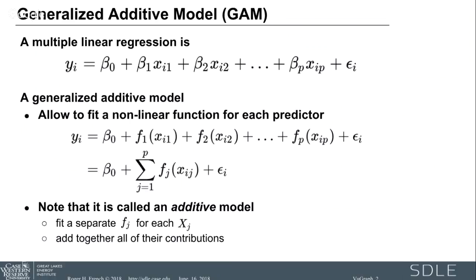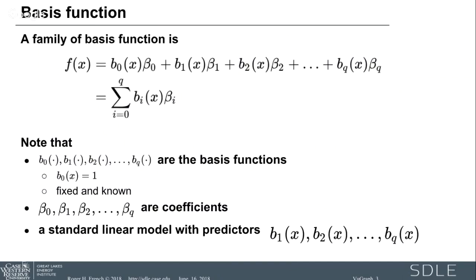One way to define it is to use basis functions. We can define a family of basis functions like this, and b0 to bq are basis functions. We also know b0 is equal to 1 because it is the intercept.